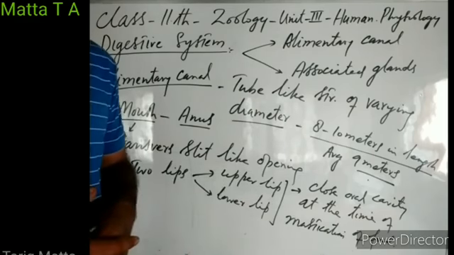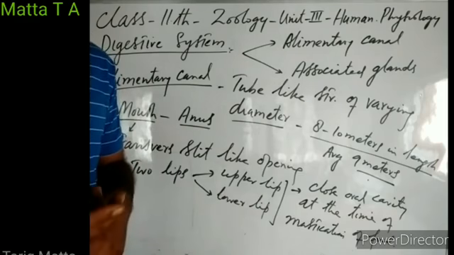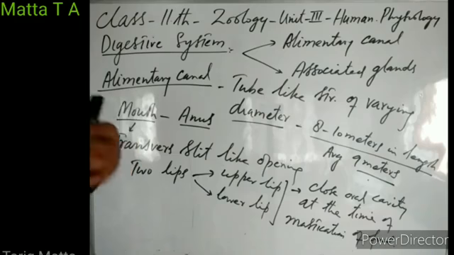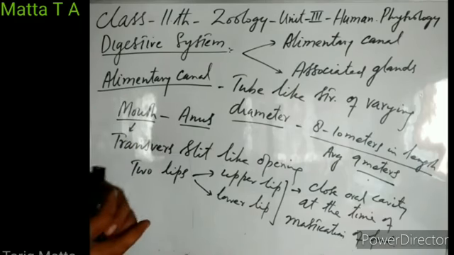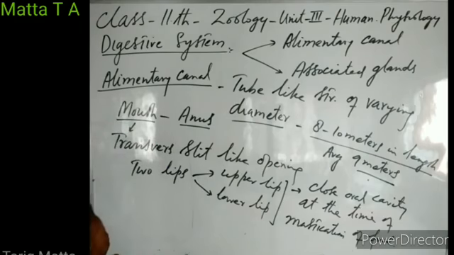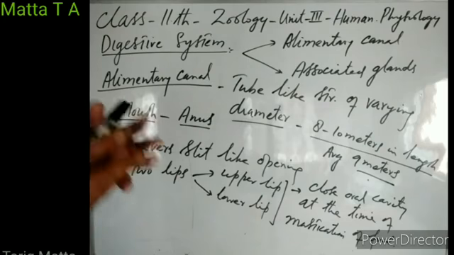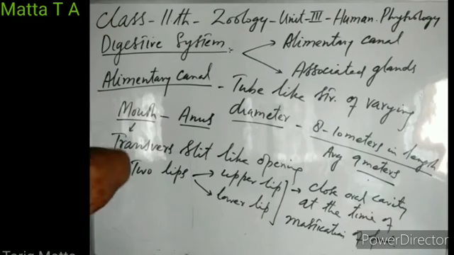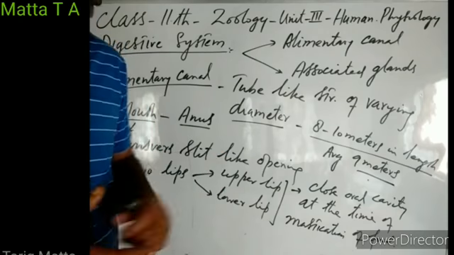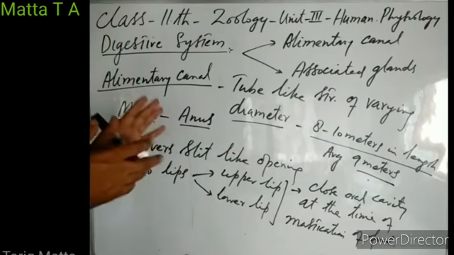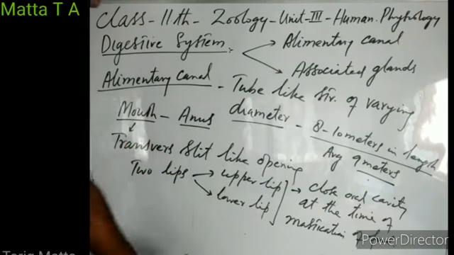When we are speaking, we make appropriate lip movement so that our words are pronounced correctly. So they help in mastication by closing the oral cavity, in preventing entry of dust and dirt into our alimentary canal through the mouth, and in speech.